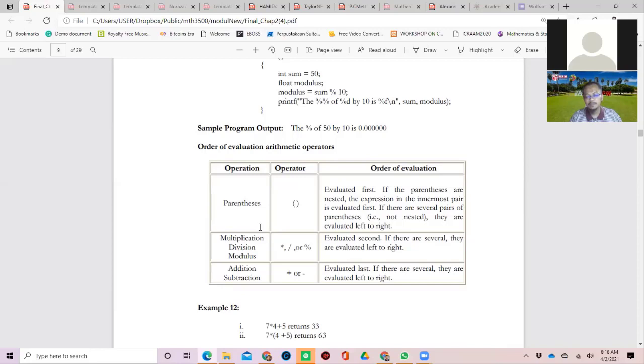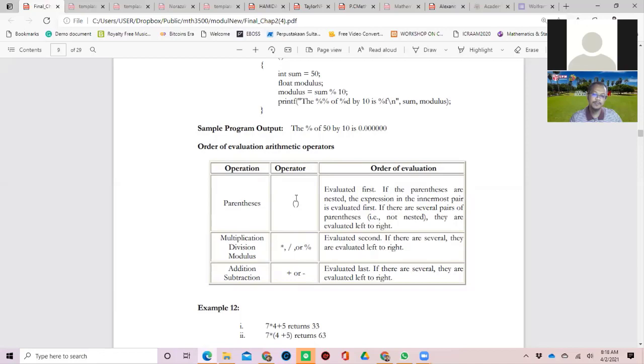For example, if in a single line of expression we have all these operators: parentheses, multiplication, division, modulus, and then plus, minus. Now the priority is like this.